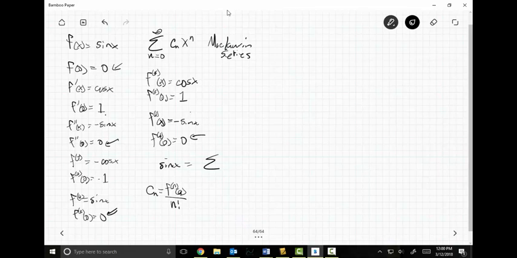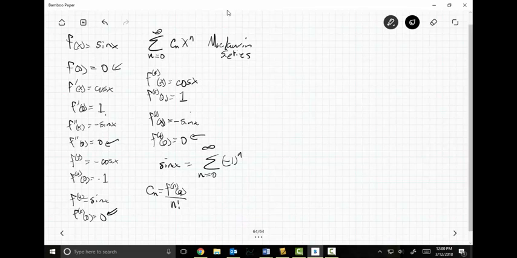Well, think about that. Any time that I register an actual value other than 0, what am I getting? Well, let's play. First and foremost, let's acknowledge the fact that this thing is going to change signs on us every time. So let's go negative 1 to the n. Let's, again, just start the thing at 0, and we'll go to infinity. Okay? So we're good there. Now I've got to come up with the coefficient.